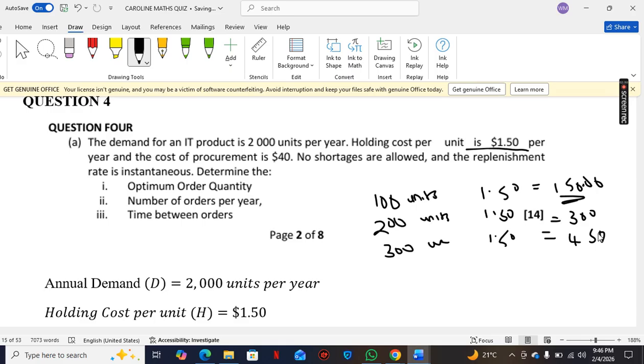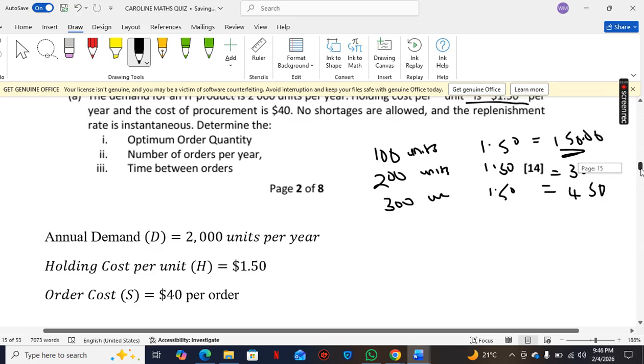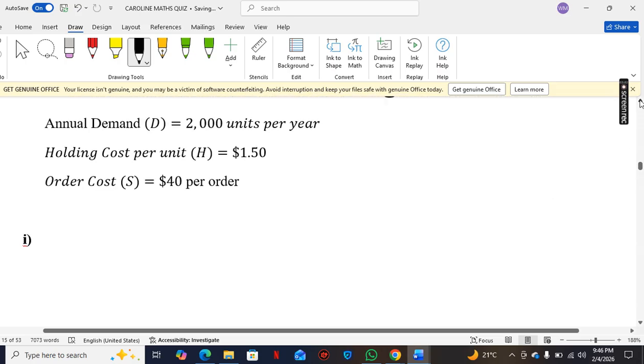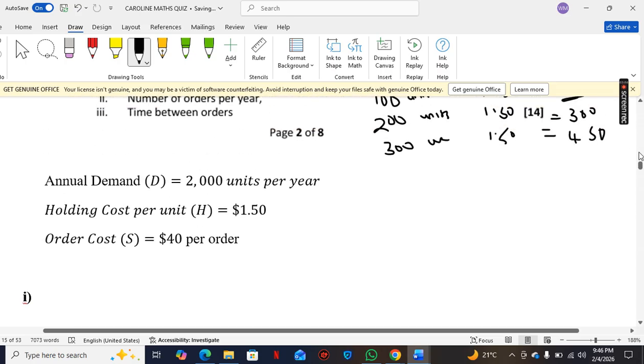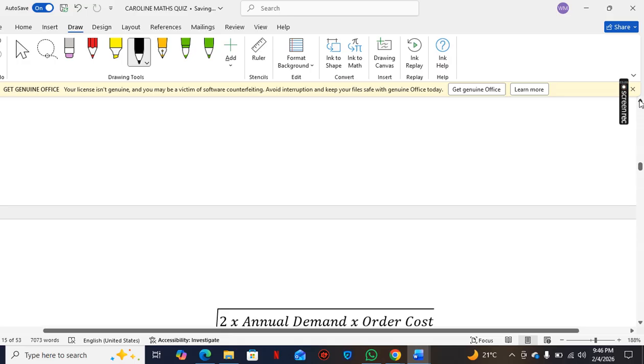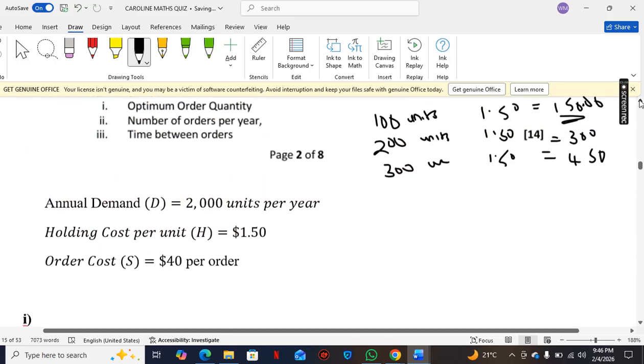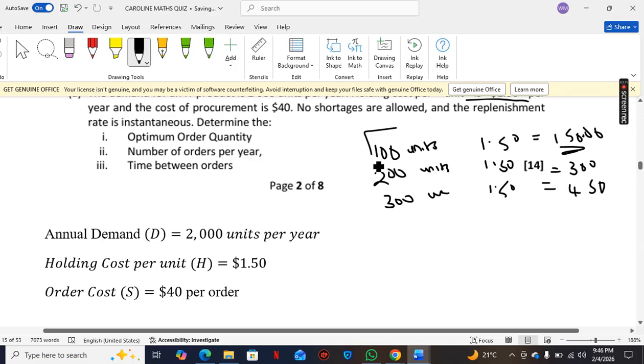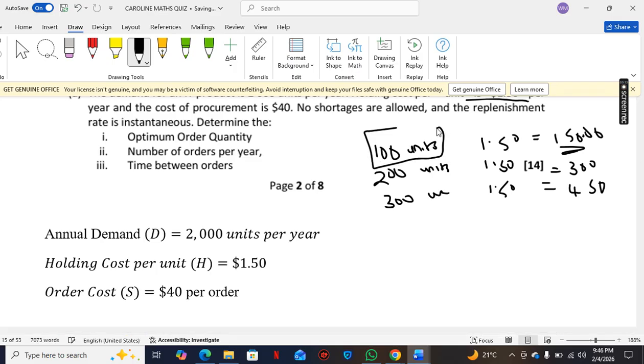this is the cost that you're going to need to incur. So, for example, you need to order. You say, I'm going to order 100 units. Let's say the order cost is, where is this order cost?